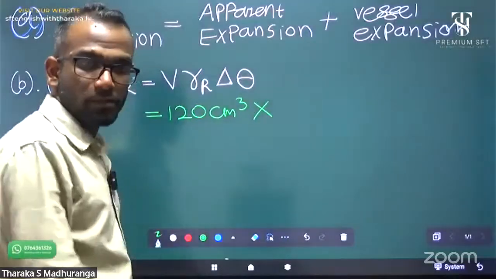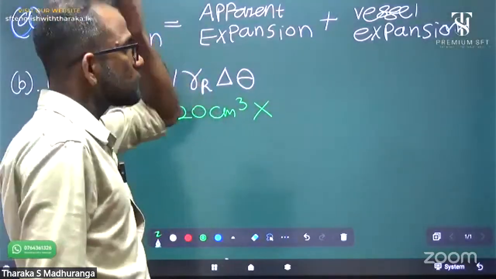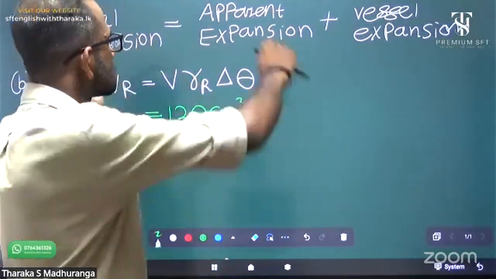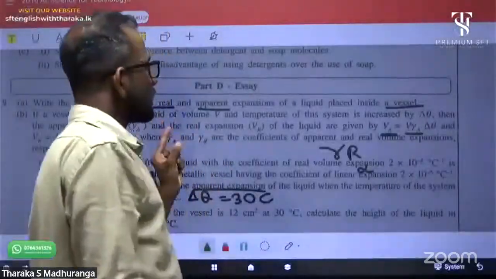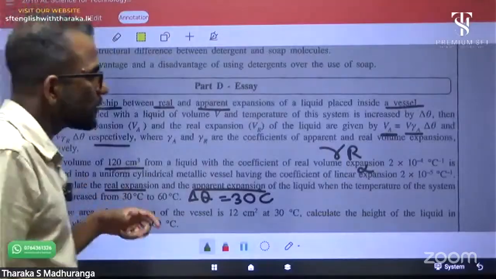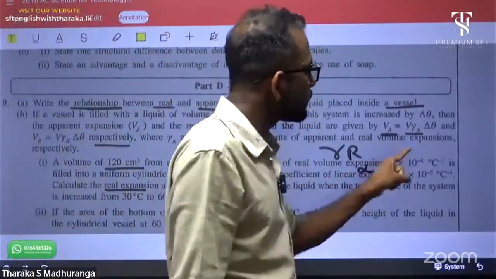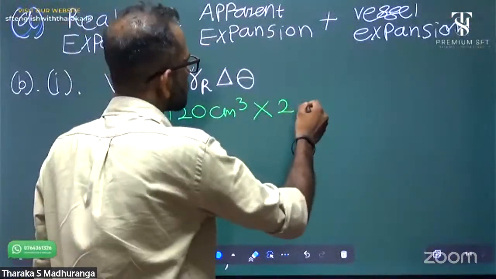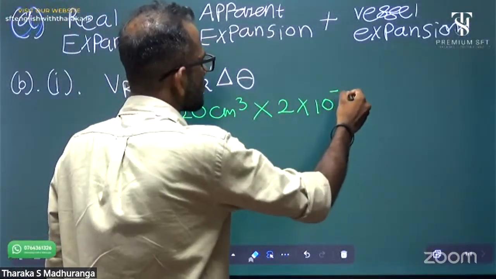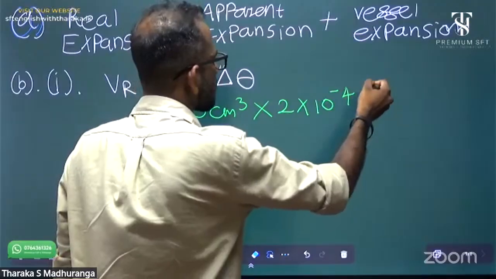I think you all have the past papers. What's the gamma? Gamma, the real volume expansion coefficient, is 2 into 10 to the power minus 4 per Celsius.